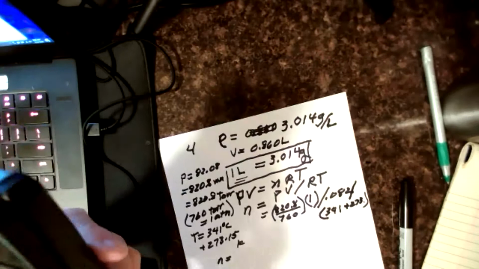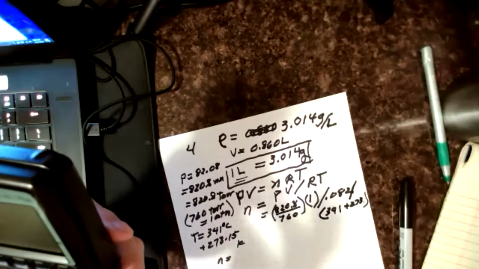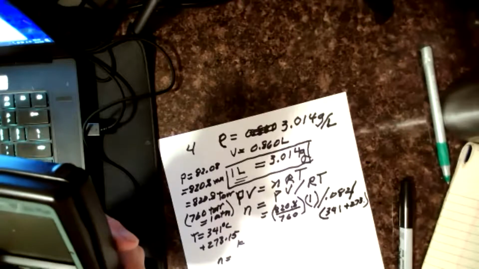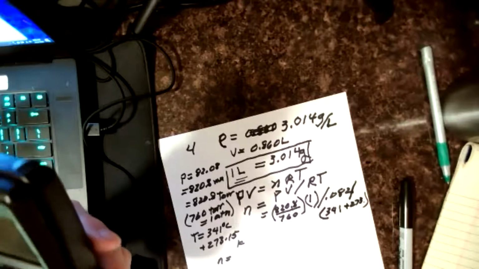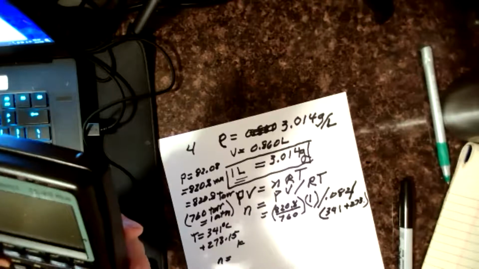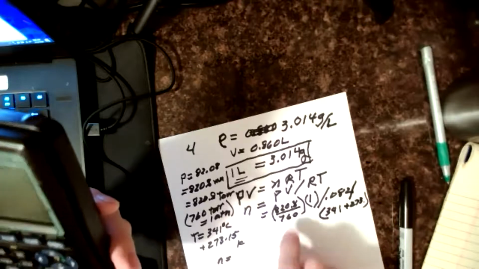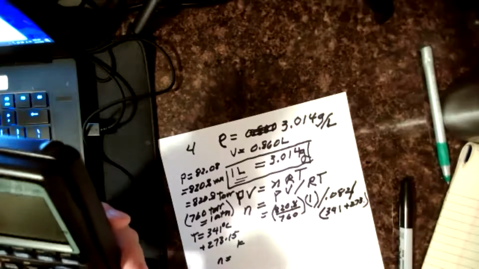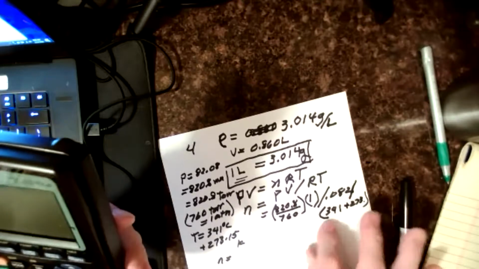So I'm going to take 820.8 divided by 760. Now that's the pressure. I want to divide also by 0.0821. And I want to divide by this left parenthesis.